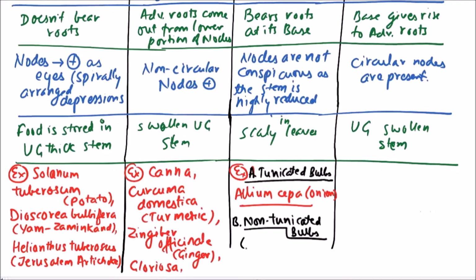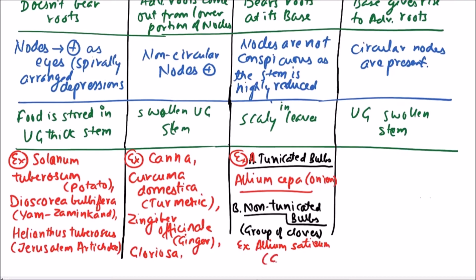These bulbs are basically representing a group of cloves, and the example includes Allium sativum, that is garlic.